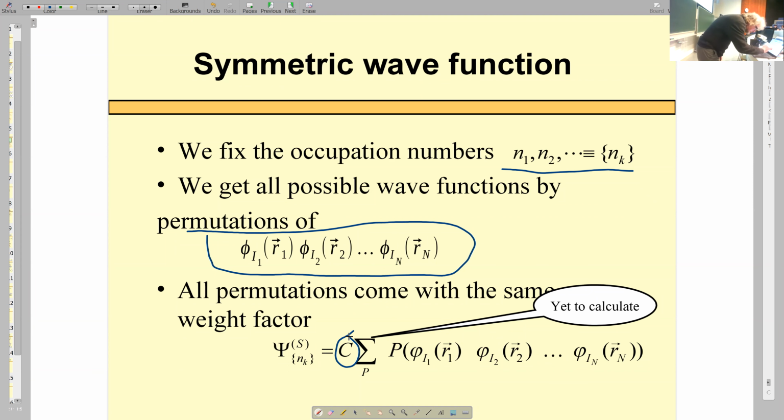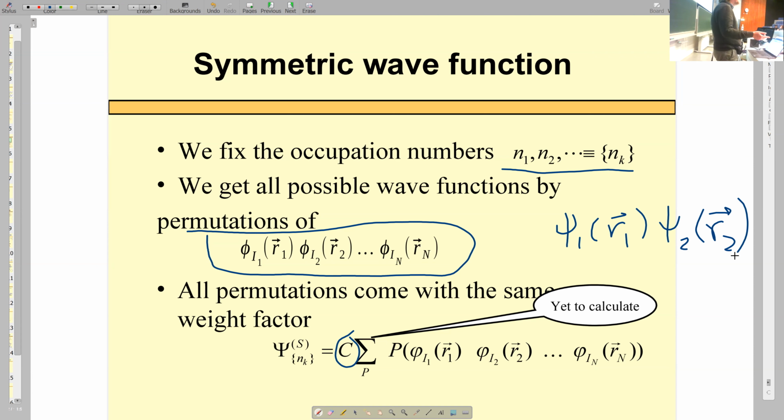For two particles in different levels, we have phi_1 of r_1, phi_2 of r_2: one particle in level 1, one particle in level 2. That's one possible wave function. There is an alternative wave function which I obtain by exchange.